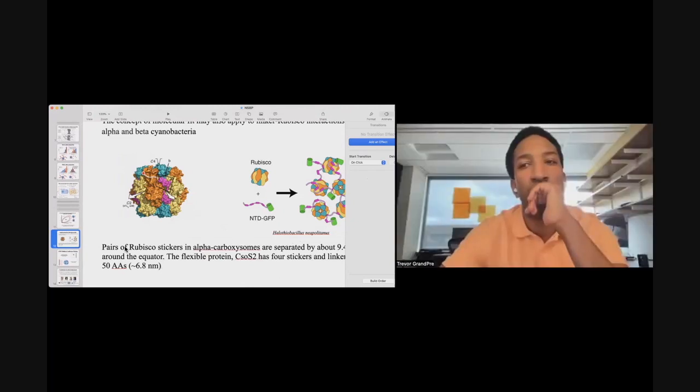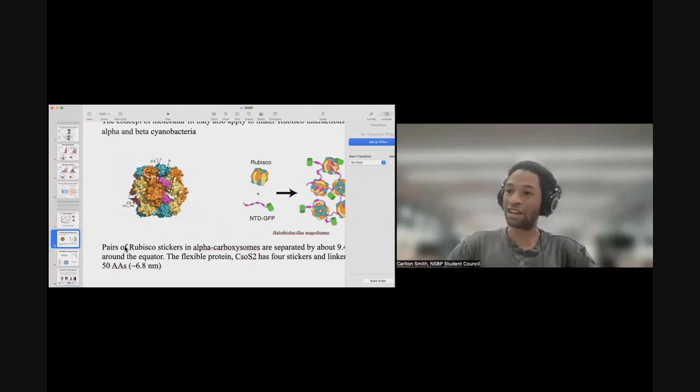I was wondering if you see differences in phase behavior that depend on the exact mechanism that Rubisco is used in.